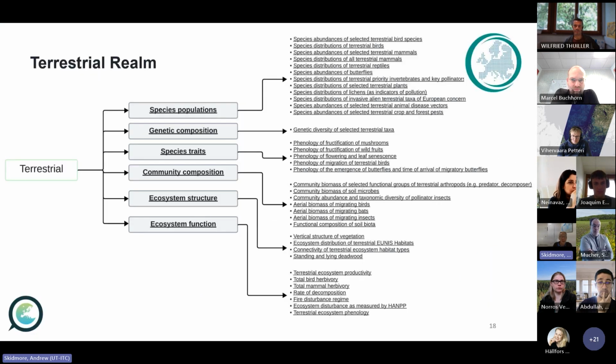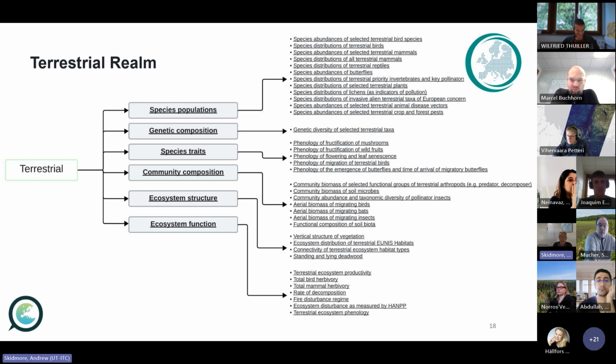And you start to see, for instance, in the terrestrial realm, that they've taken terms like species abundance and species distribution, which are the classic normal GeoBON terms, but putting in all sorts of additional terminology of terrestrial mammals and of lichens and all sorts of things, right?